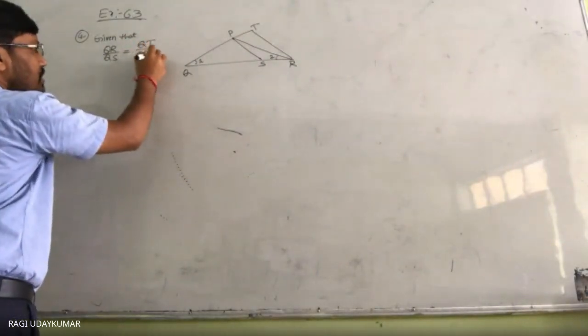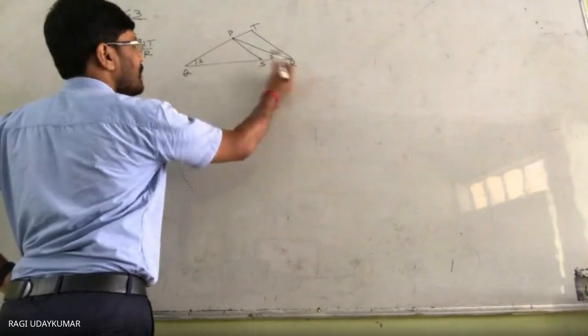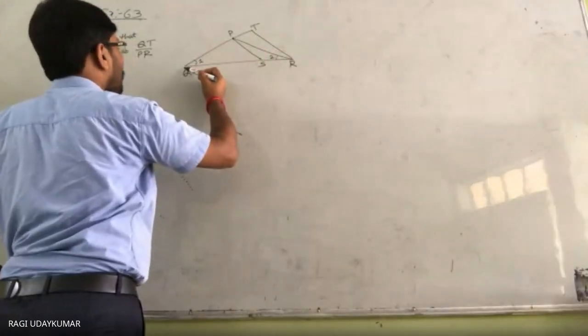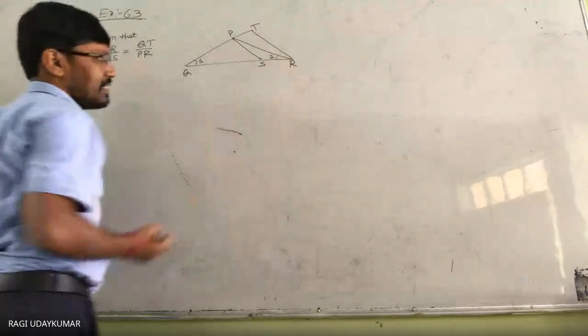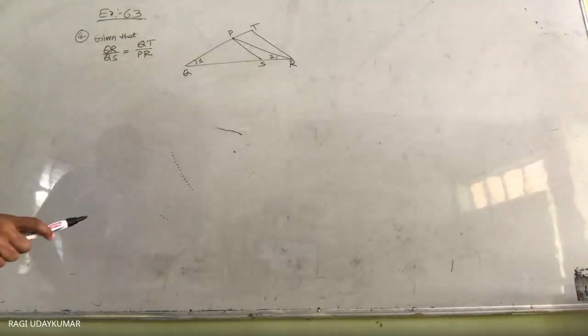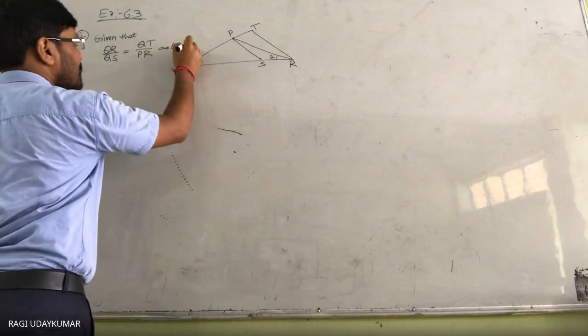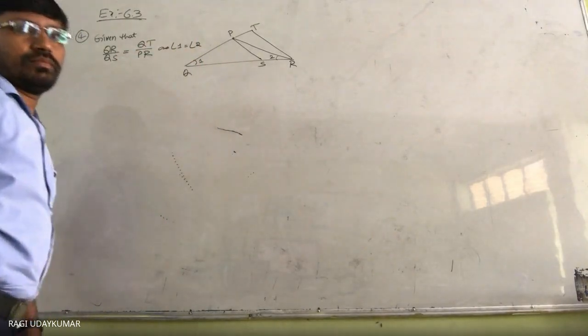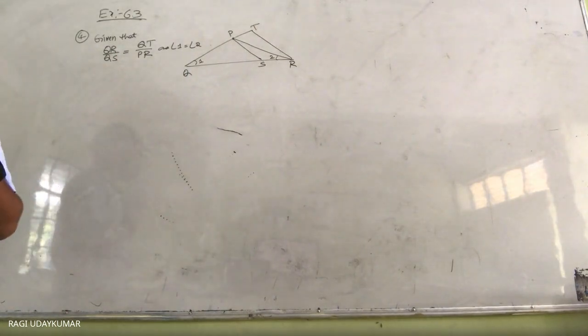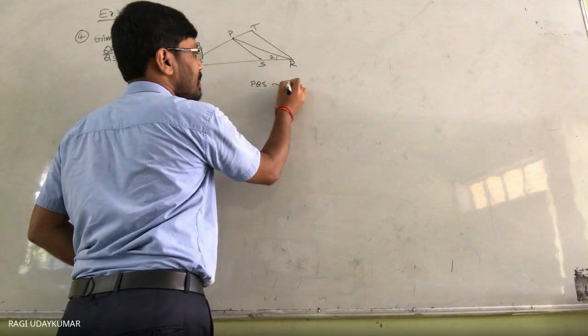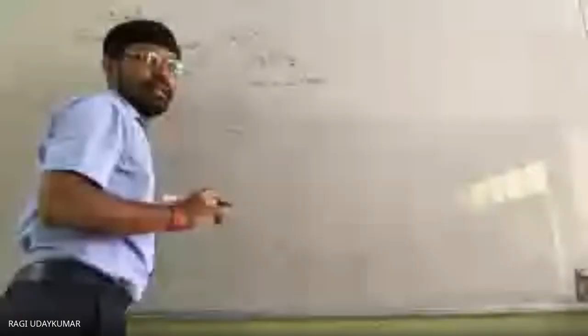You can observe QR by QS is equal to QT by PR is given, and angle 1 is equal to angle 2. The question asks us to prove that triangle PQS is similar to triangle PQR. These two triangles are to be shown similar.